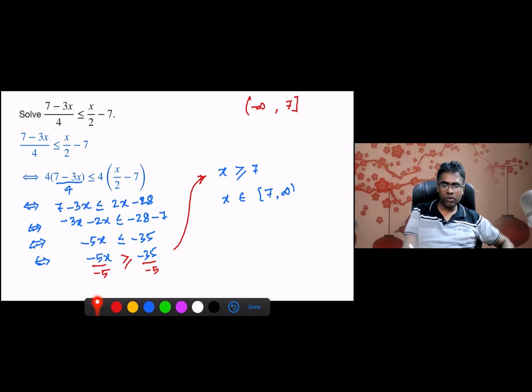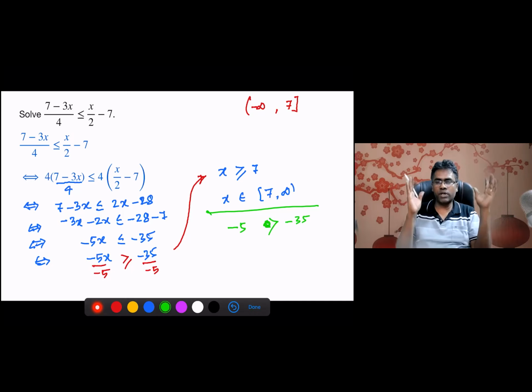Now do you agree that minus 5 is less than minus 35 or greater than? It's greater than, sir. Greater than, right? So minus 5 is greater than minus 35. Suppose you are dividing by minus 5. Let's say, for a moment, you don't do anything with the inequality. If you divide by minus 5, what do you get on the left-hand side?